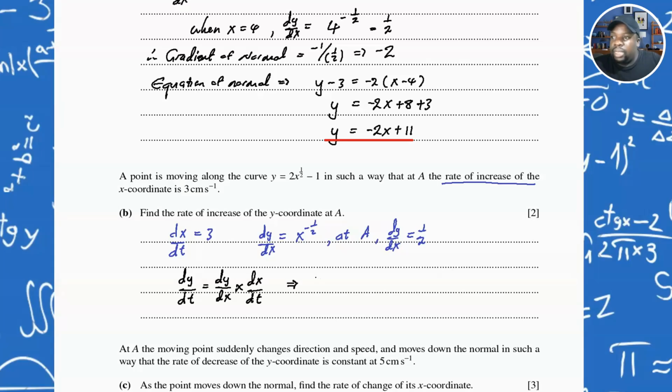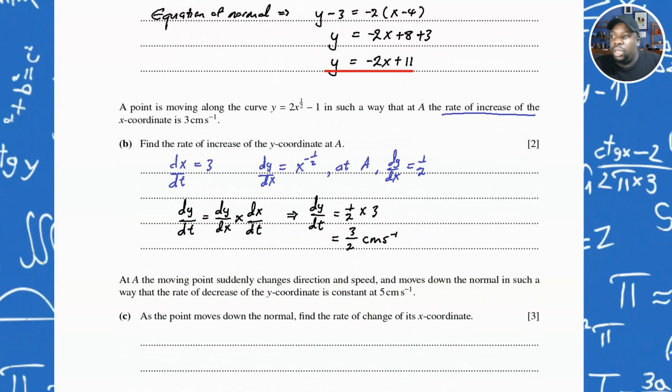So basically dy by dt will be equal to dy by dx is a half, times dx by dt, which is 3. So the answer should be 3 over 2 or 1.5. Okay, and that'll be centimeters per second. So that's the answer we get to part B.